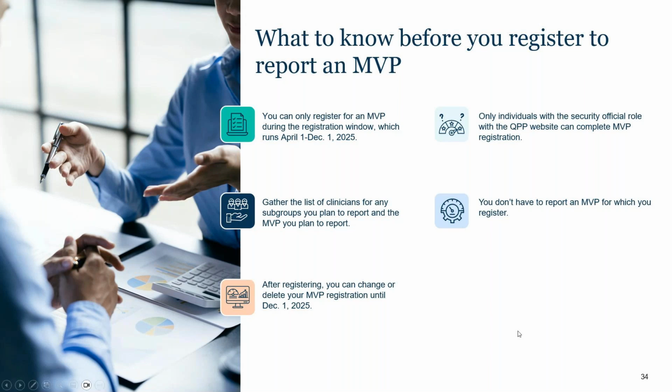We've already mentioned a few times, you don't have to report an MVP once you register. And after registering, you can change or delete your registration up until December 1st. So if you did want to register a list of clinicians for a subgroup, but then later on you need to change that list, you can do so up until December 1st, 2025.